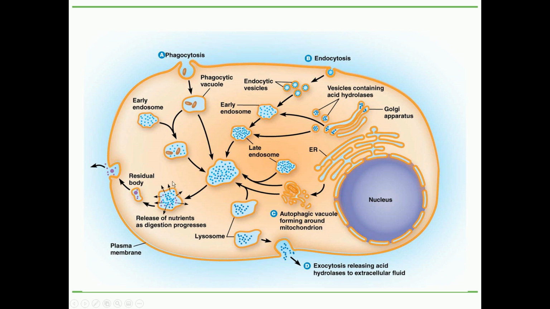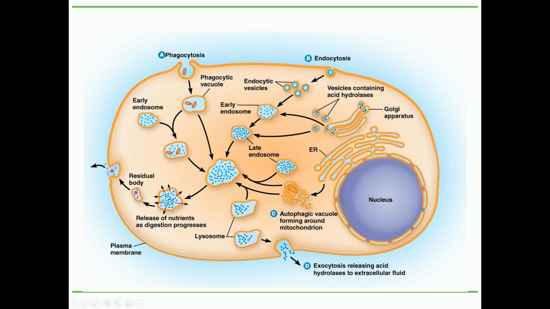They can be released to the cell, because the cell can use all these nutrients. Anything which is not digested in the vesicle stays there, and it is called a residual body.